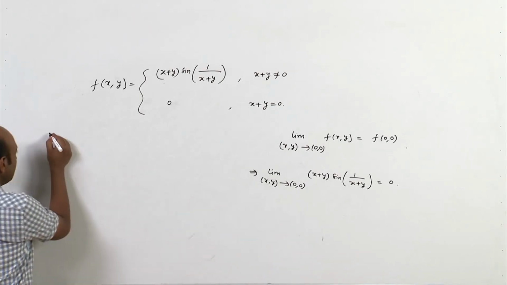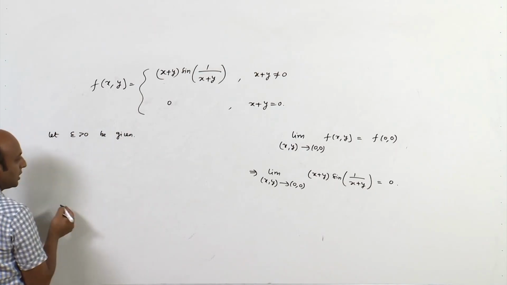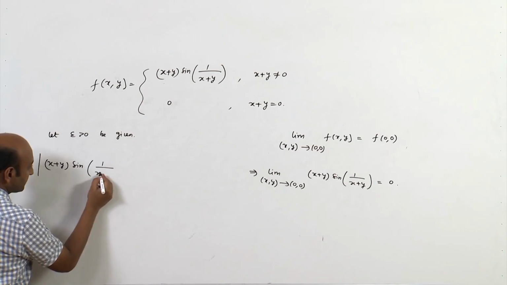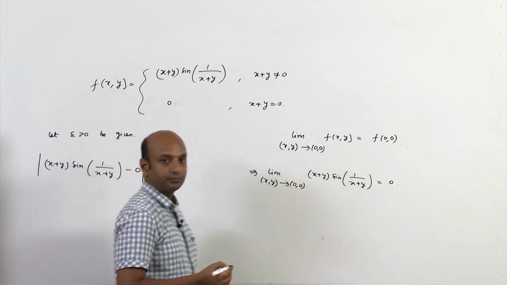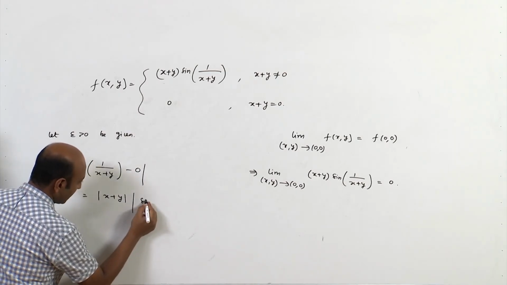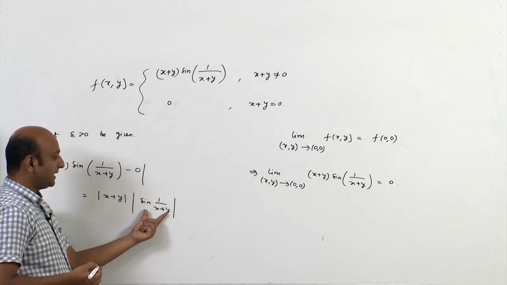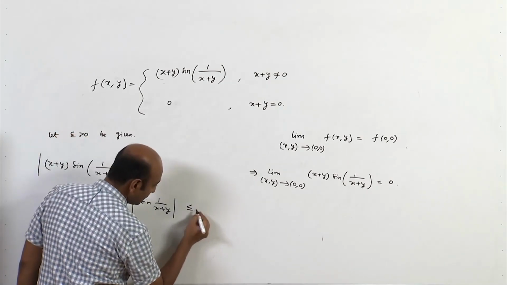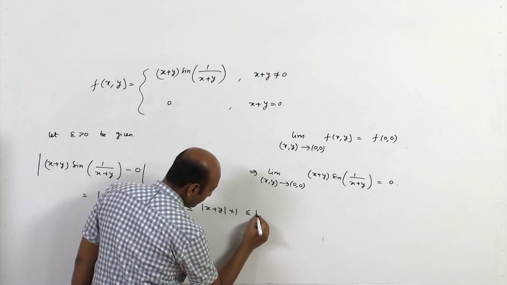So, let epsilon greater than 0 be given. Now, take the mod of (x plus y) sine 1 upon (x plus y) minus 0, that is f(x,y) minus L. This is equal to mod of (x plus y) into mod of sine 1 upon (x plus y). Now, the mod of sin theta is always less than or equal to 1 for any theta. So, this is less than or equal to mod (x plus y) into 1, which is less than or equal to mod x plus mod y.